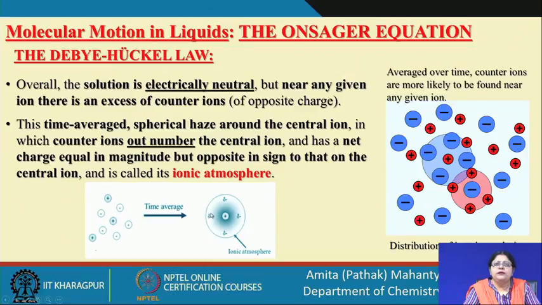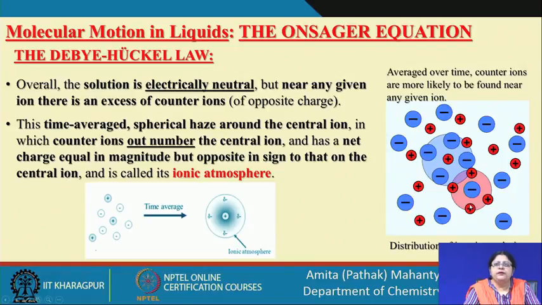Always we see that the counter ions surrounding the central ion outnumber it. The ions forming the haze around the central ion will always outnumber the ion in the center. That is what we are seeing in this dispersion as well, and this one as well.